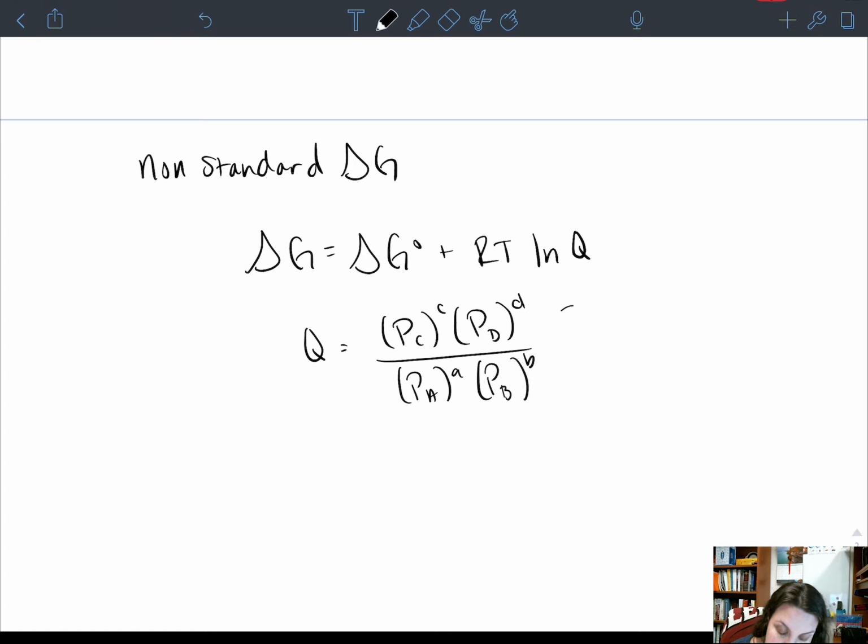So, this is not at equilibrium. And this is if all are gases, we use partial pressures.